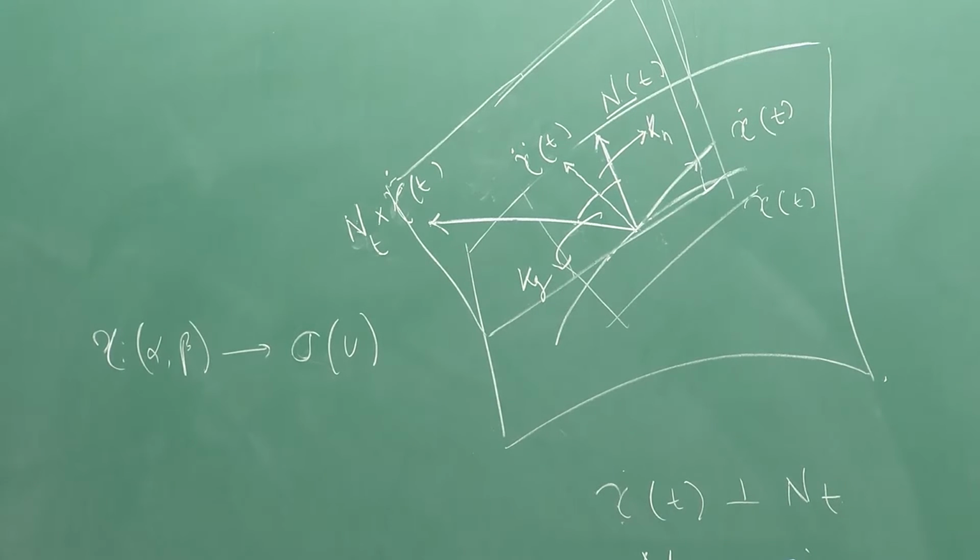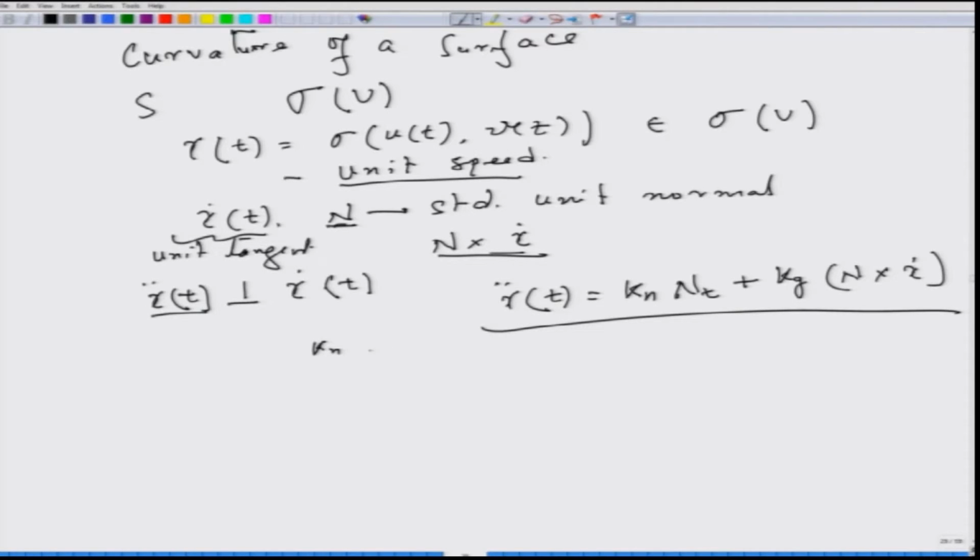Okay. This k_n is called the normal curvature. Again, this is called the normal curvature, and k_g is called the geodesic curvature.